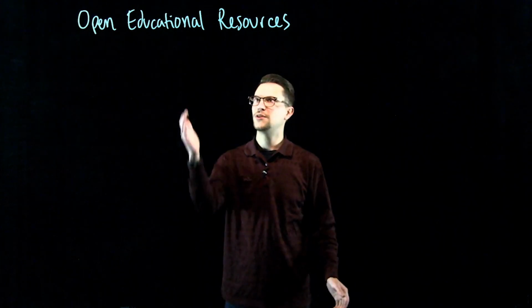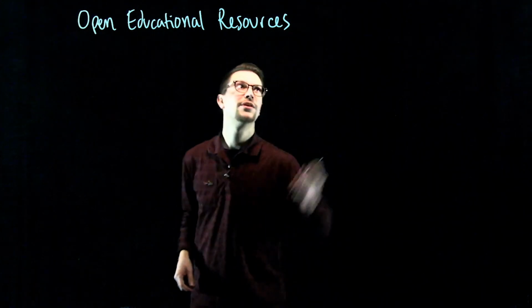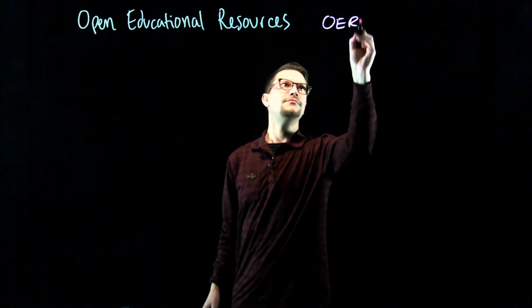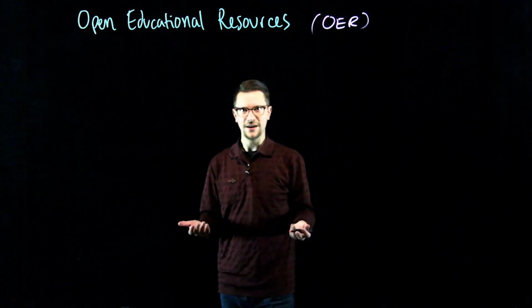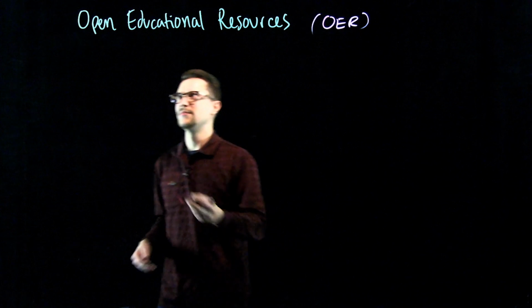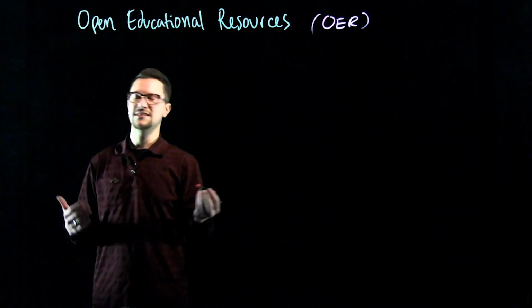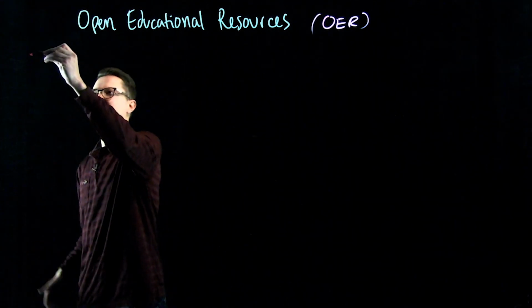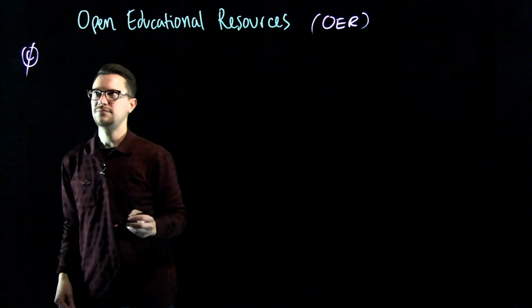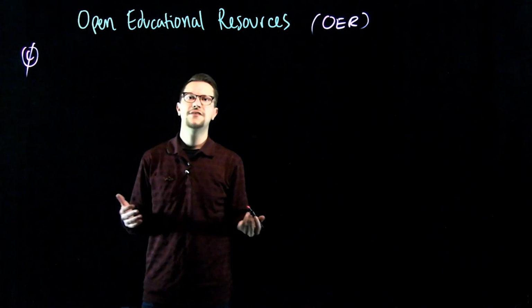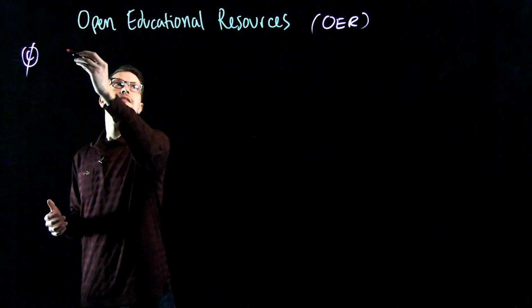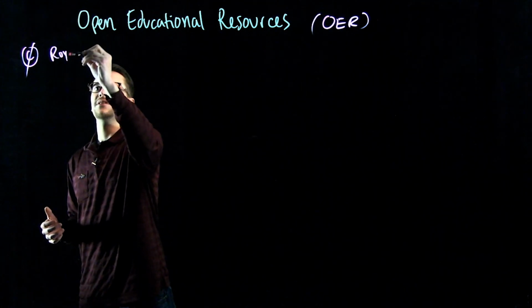Today's buzzword is Open Educational Resources, or OER. So what is an OER? Well, first, it's open, which means that it has an open license, which you can think of as sort of the opposite of copyright. It's the opposite of copyright in that there's no royalty associated with it.